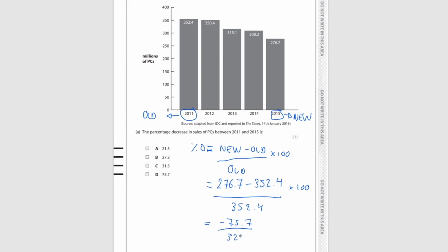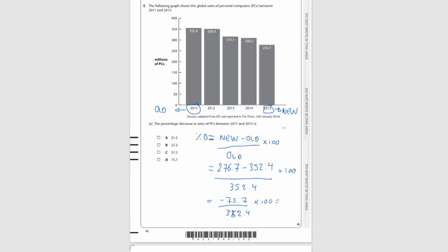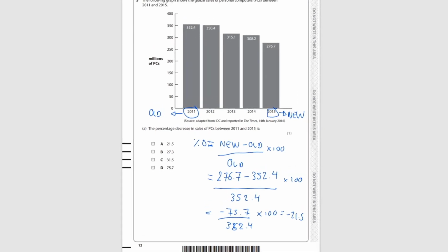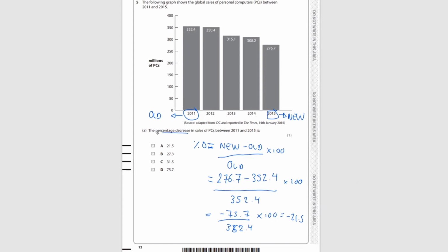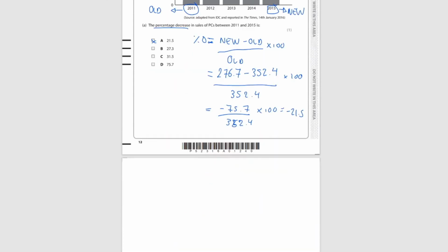Divide that by 352.4 and then multiply by 100. Okay, so divide that by 352.4 gives me minus 0.21, times 100, minus 21.48, so minus 21.5. Okay, so minus 21.5, that's great. So it already tells us that it's a decrease, so the answer is A.